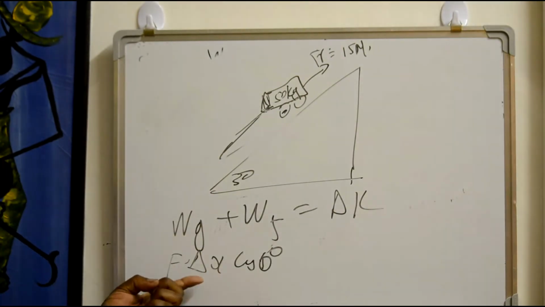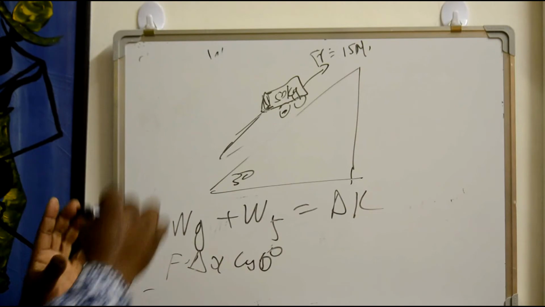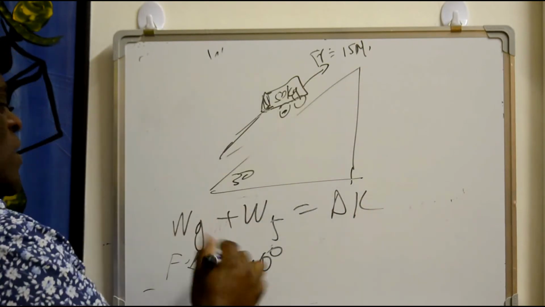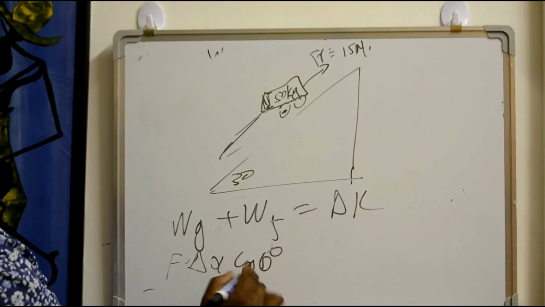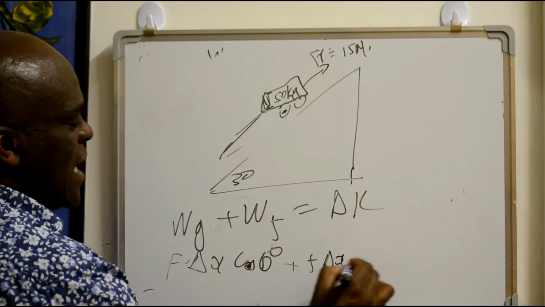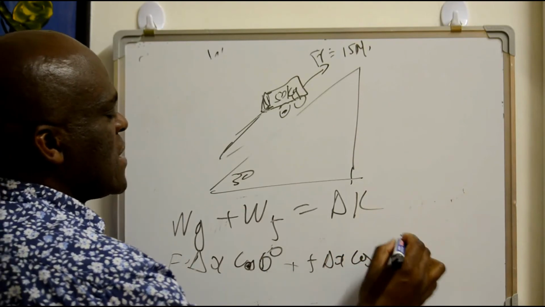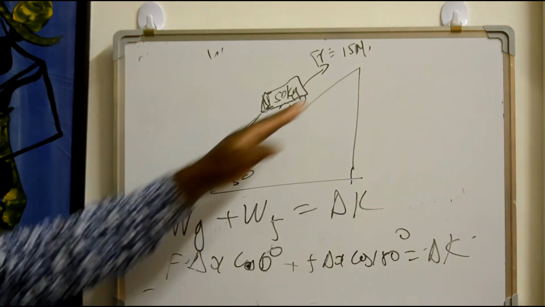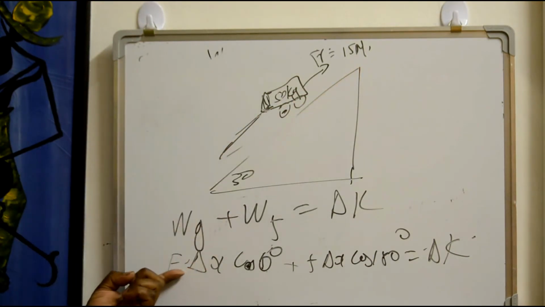In other words, for my force of gravity, when the object is going up my cos will be 180, but if it's coming down, it is in the direction of the force of gravity, so my cos will be 0 degrees, and my friction will be F delta x cos 180 degrees, equal to the change in kinetic energy.